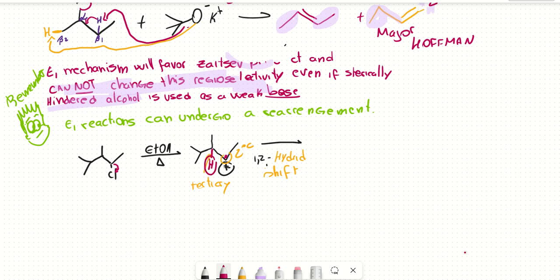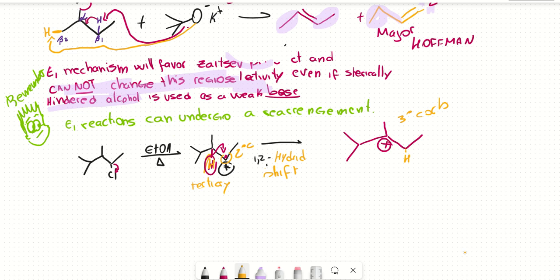So the movement of electrons will carry the proton together. So the electrons and the proton all go to this place over here. So then I'm going to have the shift of this positive charge, because now this hydrogen is over here. Okay, so now my charge is on a tertiary carbon, which is more stable.